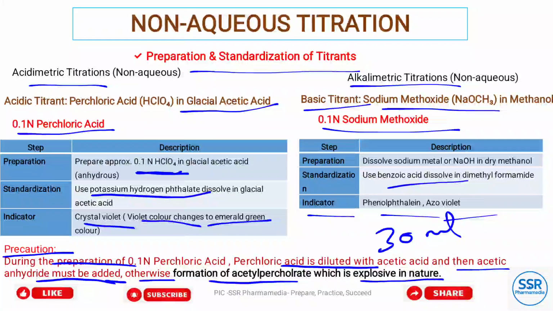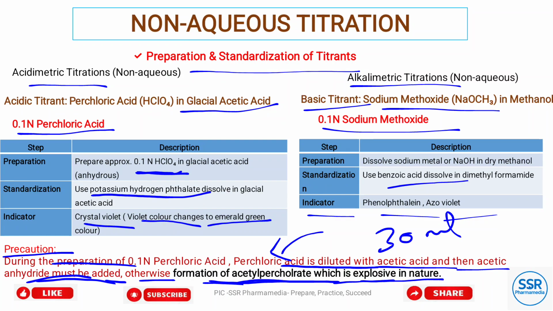That means when preparing perchloric acid, first it is diluted with acetic acid, and after that we must add 30 ml of acetic anhydride. We should not add acetic anhydride to perchloric acid alone, because it forms acetyl perchlorate, which is explosive in nature. So only after diluting with glacial acetic acid must we add acetic anhydride.